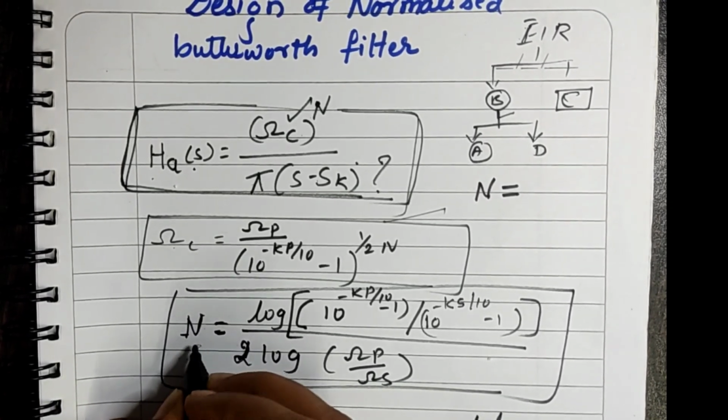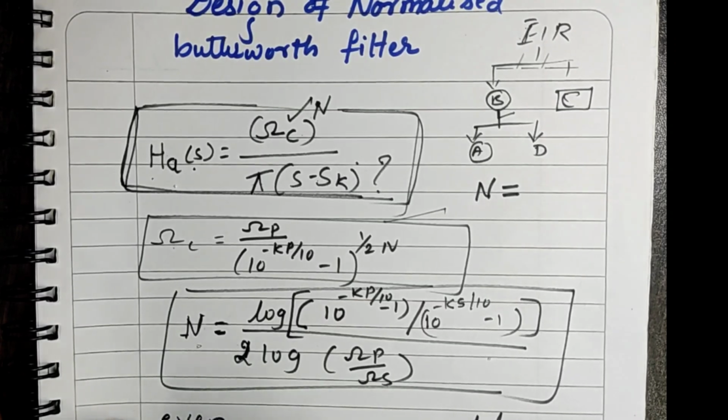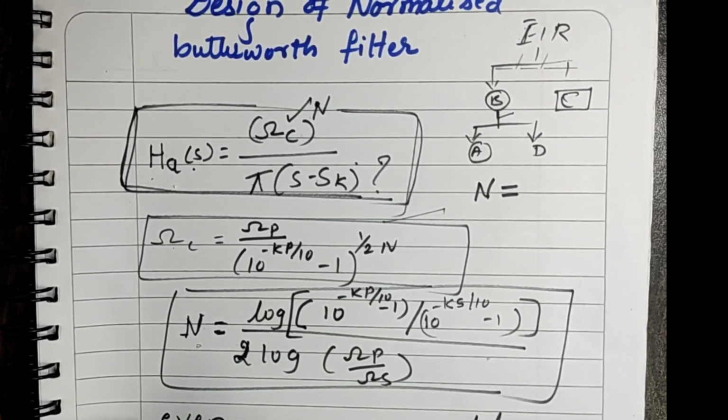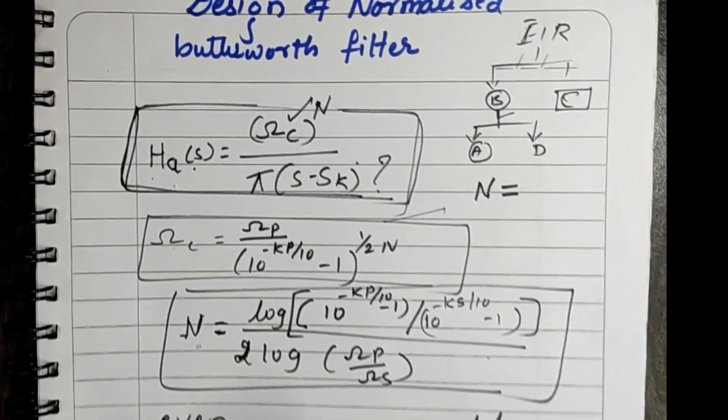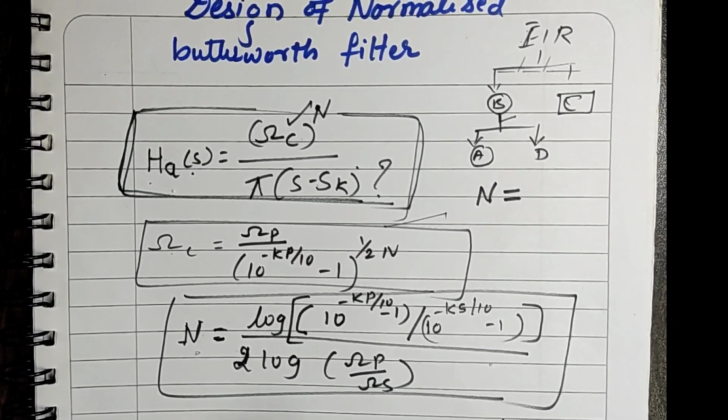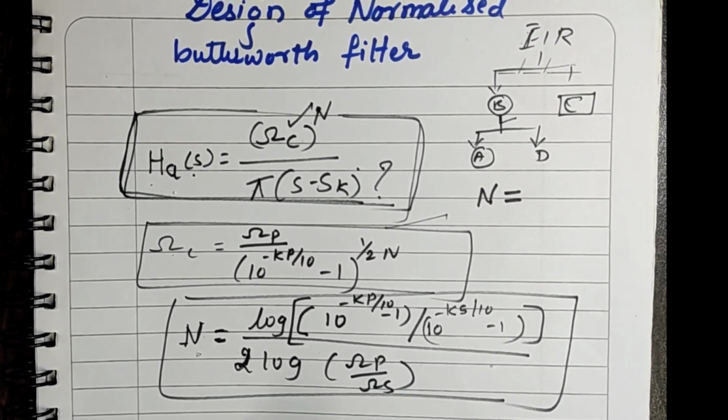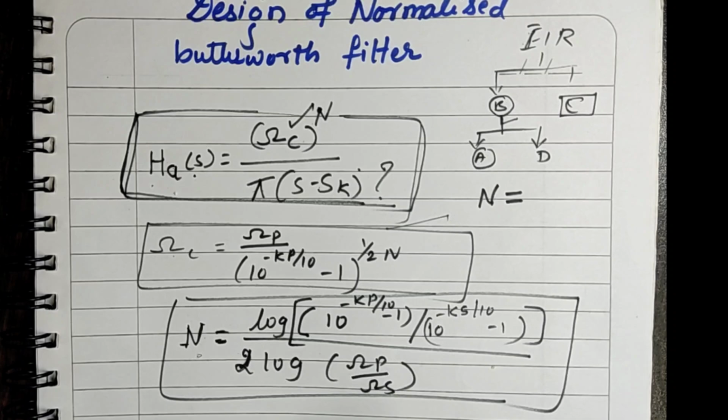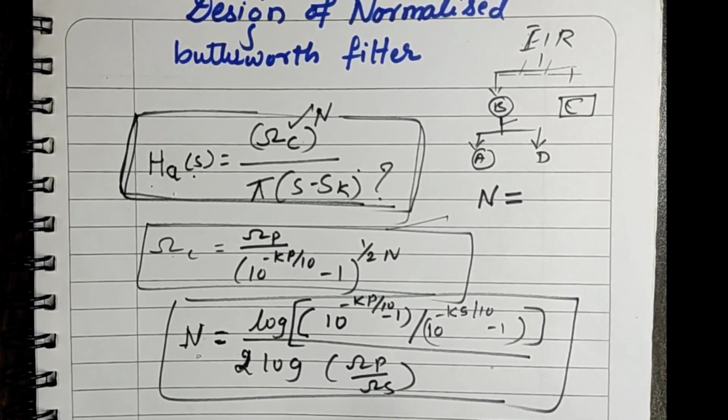Suppose the order of the filter is even, then we have to use sk as the poles, calculated as 1 at an angle pi by 2n plus k pi by n.